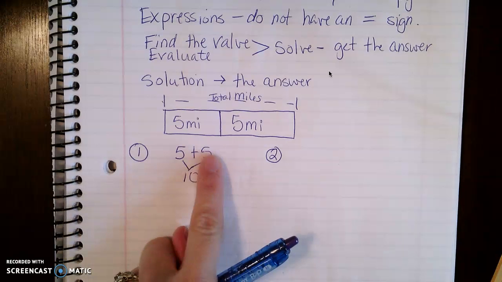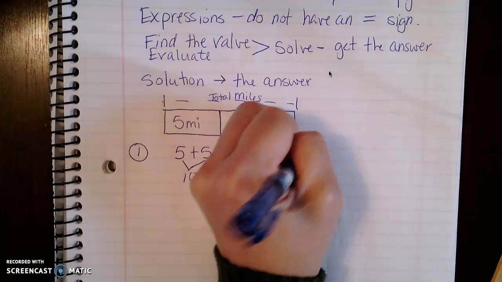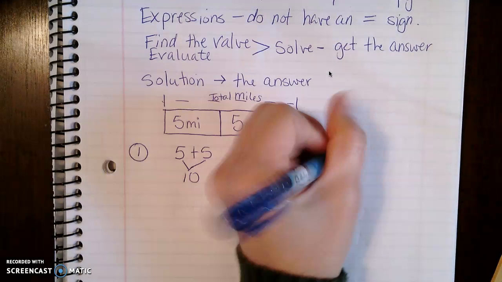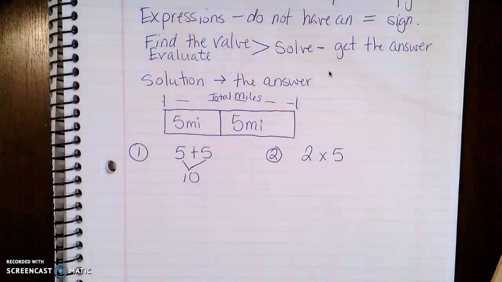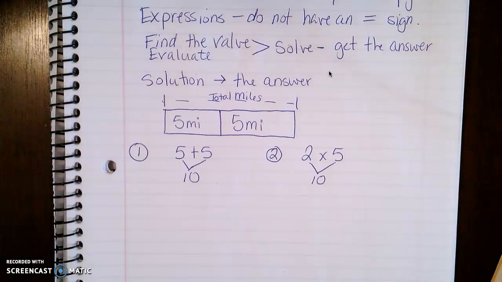The second expression I could create from this, think about it, this is repeated addition, right? I'm adding the same numbers over and over. So that means I could turn this into a multiplication expression. So I could do 2 sets of 5, and to evaluate that expression, I would do this.